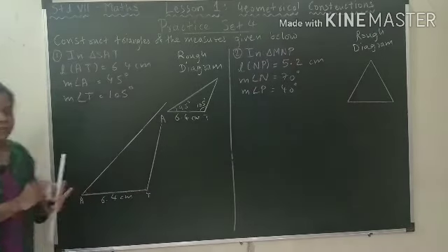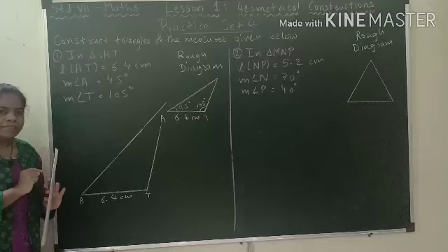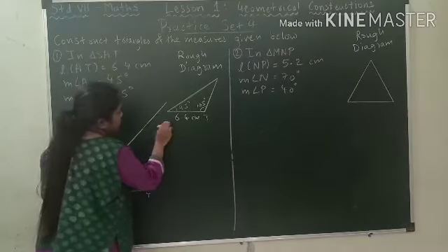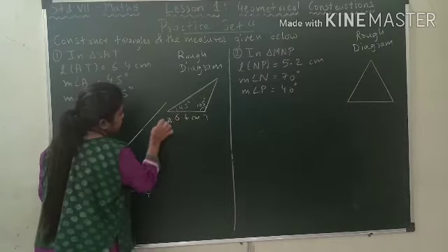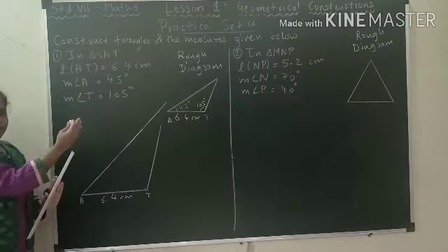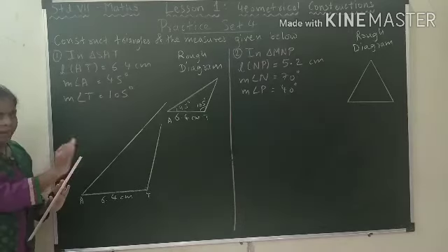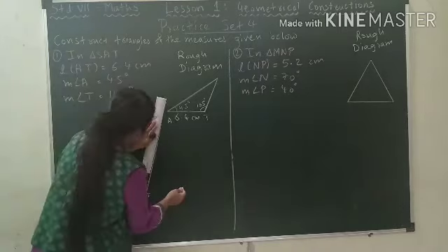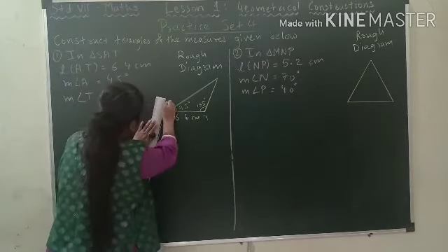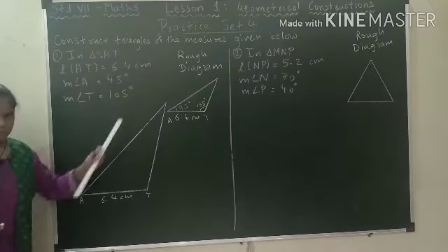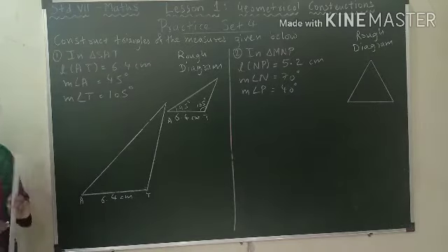See students, sometimes such things happen. Do not worry. I will just shift a little bit, and even if it crosses, then it's okay. It doesn't matter. Your triangle is correct. But as far as possible, try not to mix your diagrams into one another.